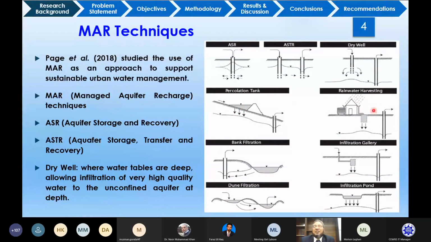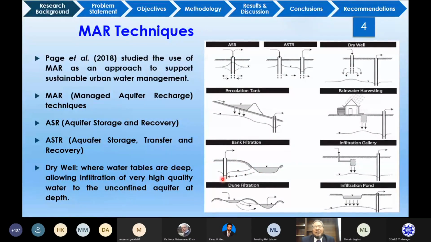Another MAR technique is rainwater harvesting, by collecting the rainwater from the rooftops, which we may use to recharge the ground and raise the water table, and that we can utilize for fulfilling the water demand through groundwater. Then there is bank filtration. Along the rivers and canals, there is a seepage of water if the canals are not lined.